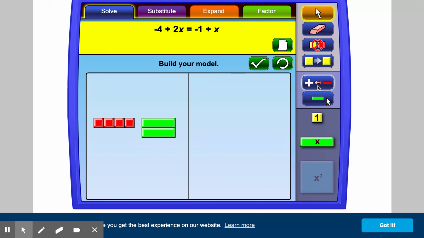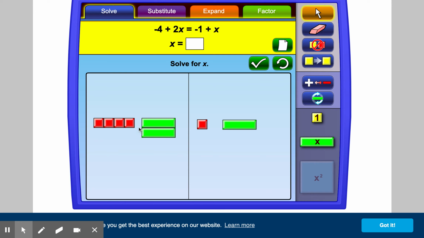Now on the flip side, I have a -1, and I have a positive x. Okay, so now I will check. Heard that sound? That's what I want. So we will go to the next part.